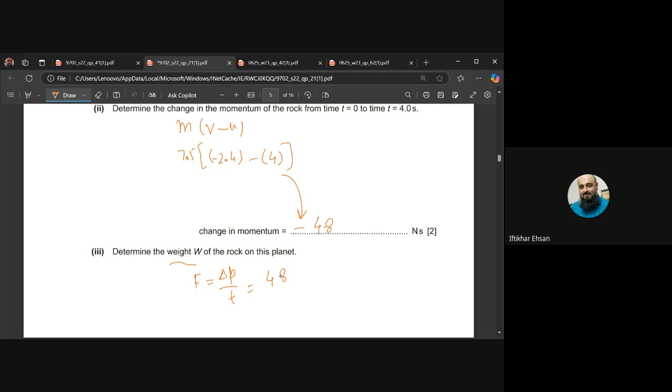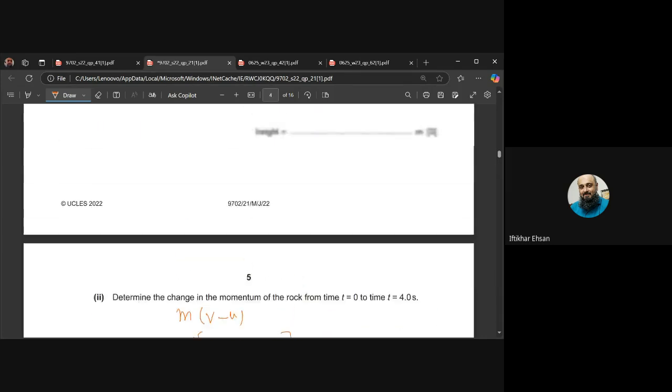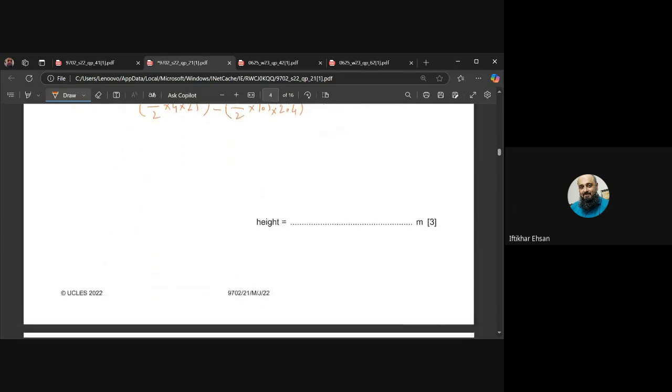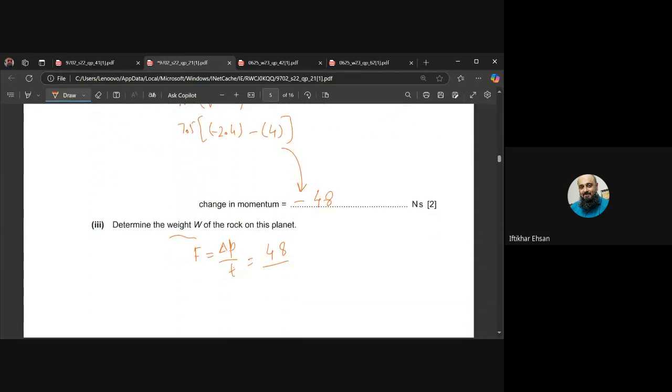If it is 48 divided by time, taken to be 4 seconds for this whole change, it is 12 newtons.